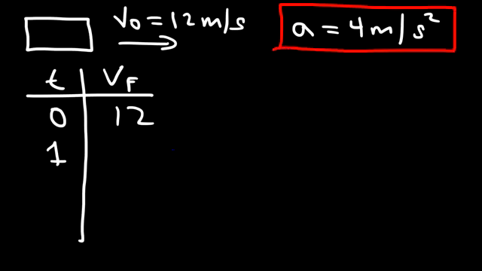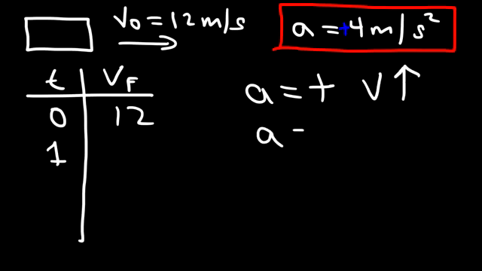Because the acceleration is positive 4, the velocity is increasing by 4 meters per second every second. Anytime acceleration is positive, the velocity is increasing. Anytime the acceleration is negative, the velocity is decreasing. So 1 second later, the velocity will now be 16.